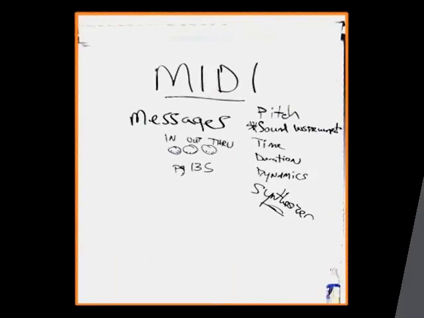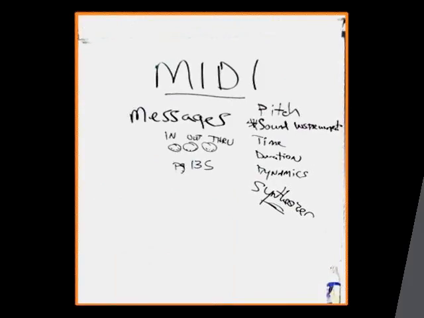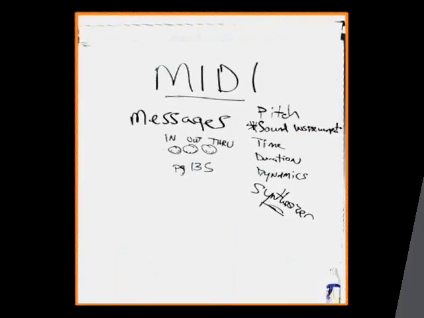If I have a keyboard controller and I take a MIDI cable and plug it into the out of the controller and into the in of the computer, that's the way the messages are going.